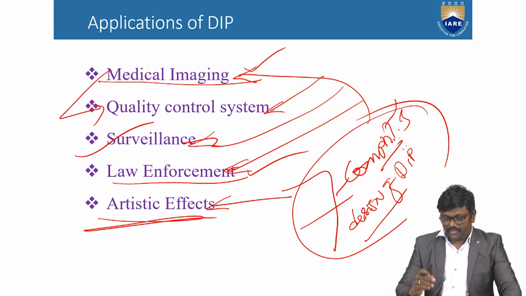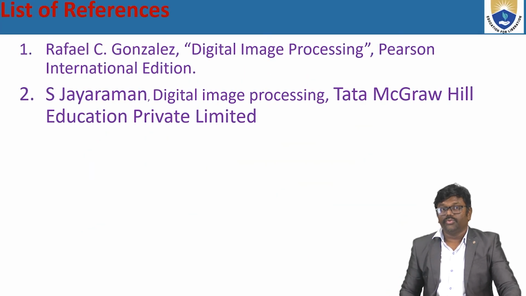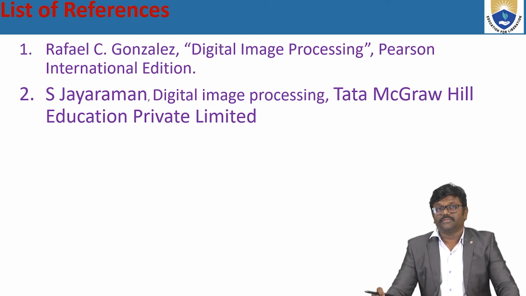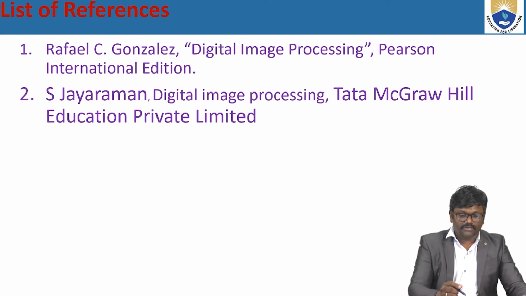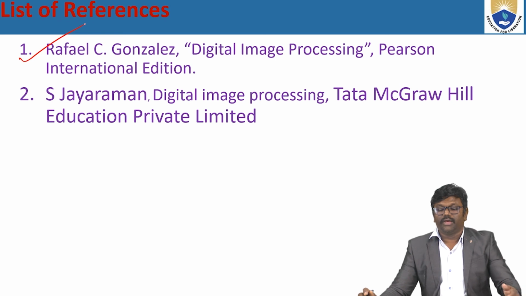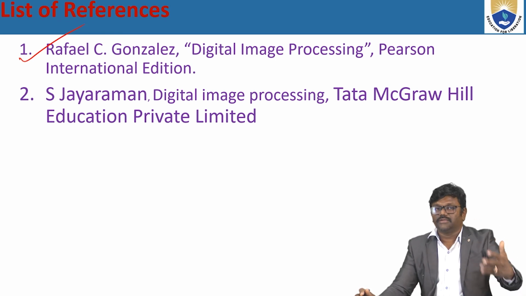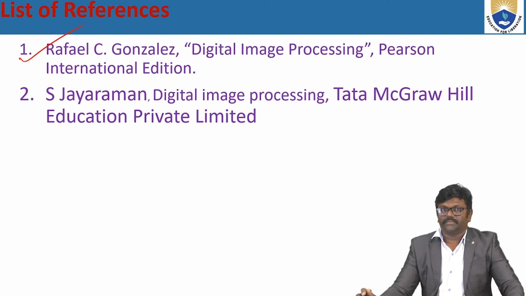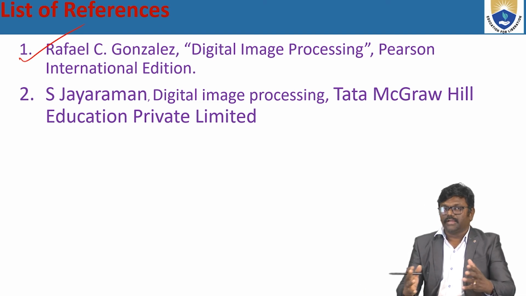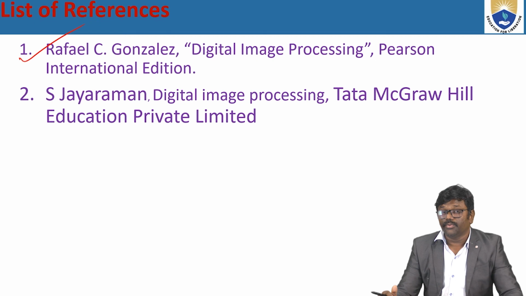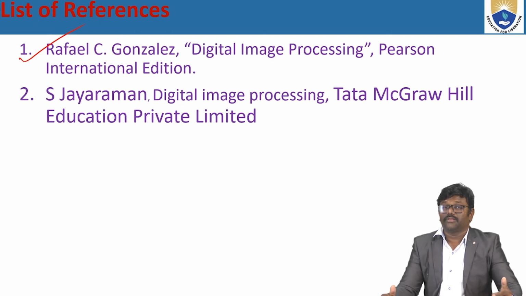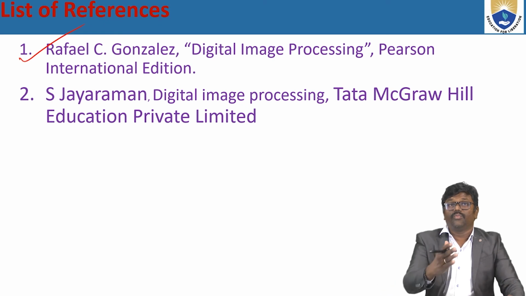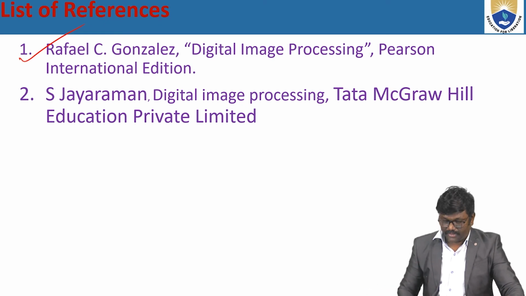So with this, I wanted to show you the list of references. The prescribed textbook is number 1 only, where the complete discussion information is available. So if you want to understand the detailed information, not only from these slides, you can also go through textbook 1, which I referred to here.